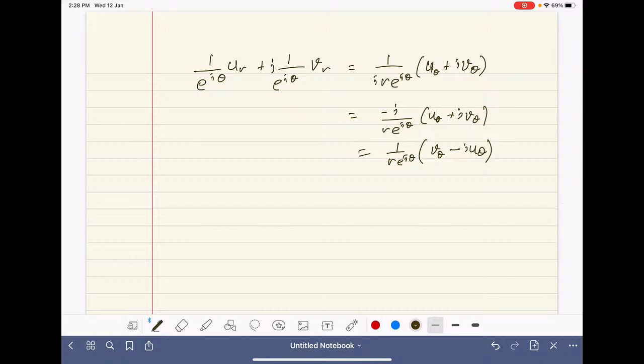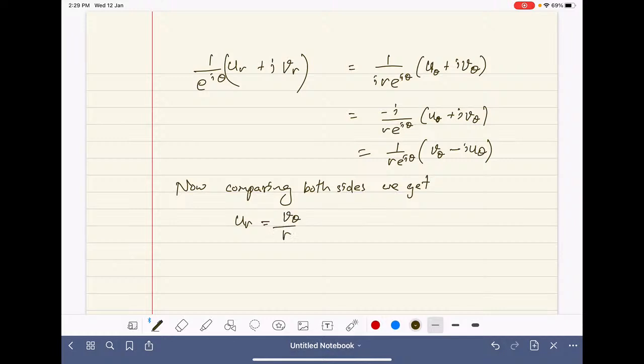Now comparing both sides, we get u r equal to v theta by r and v r equal to minus u theta by r.